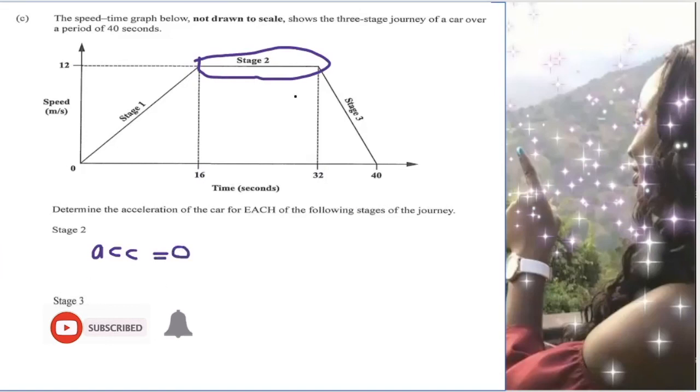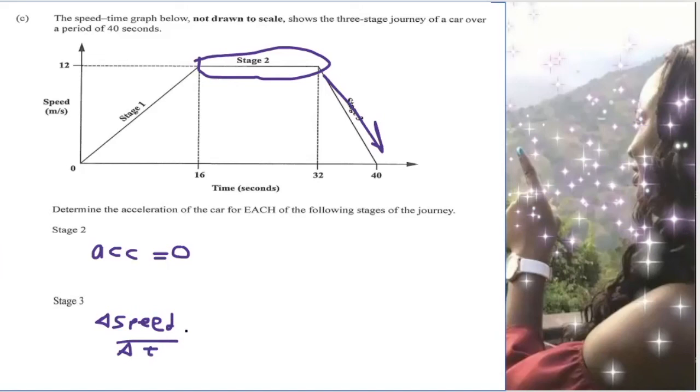For stage 3, we want the acceleration where we're decreasing, we're decelerating really. So it means it should be negative. Now, to find out the acceleration, it's a change in speed over the change in time.